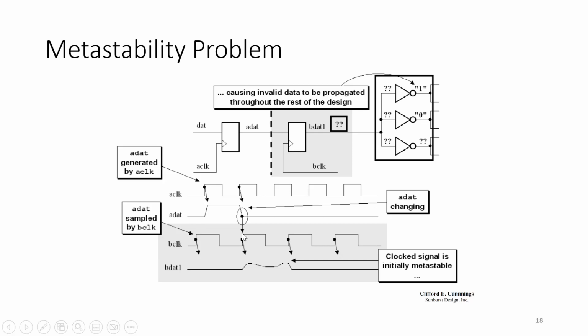The second rising edge is rising here, while A data is in transit from high to low, and this is happening exactly at the same time as the rising edge.